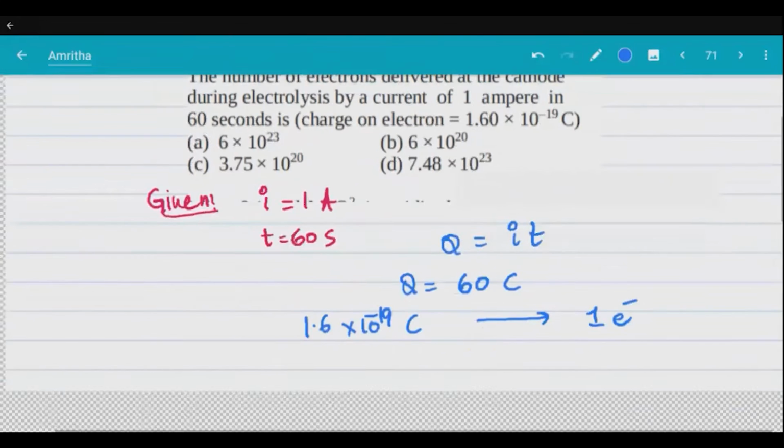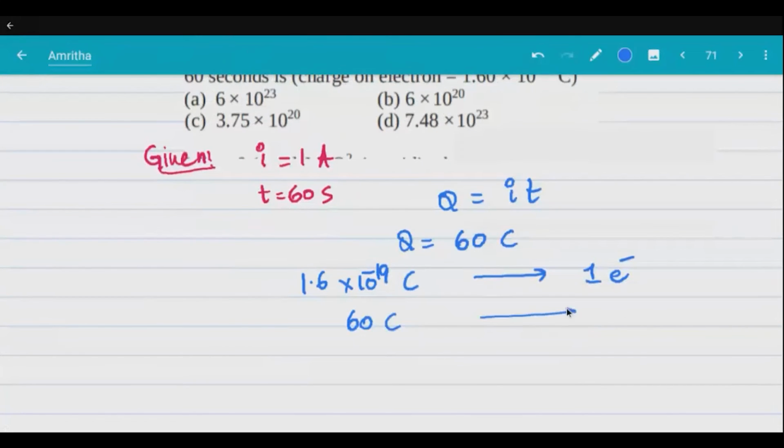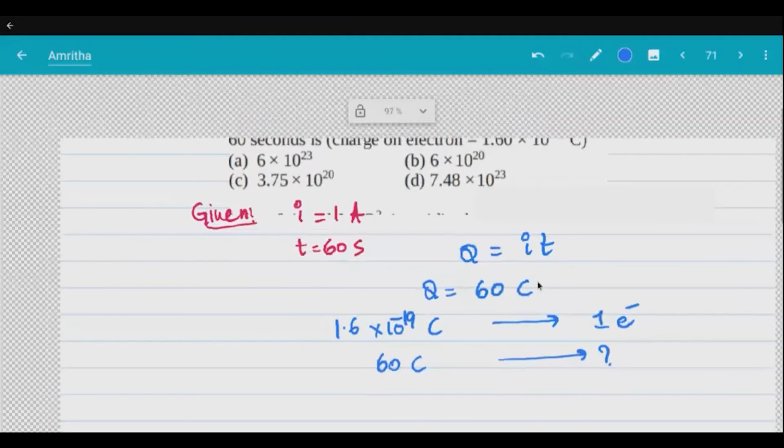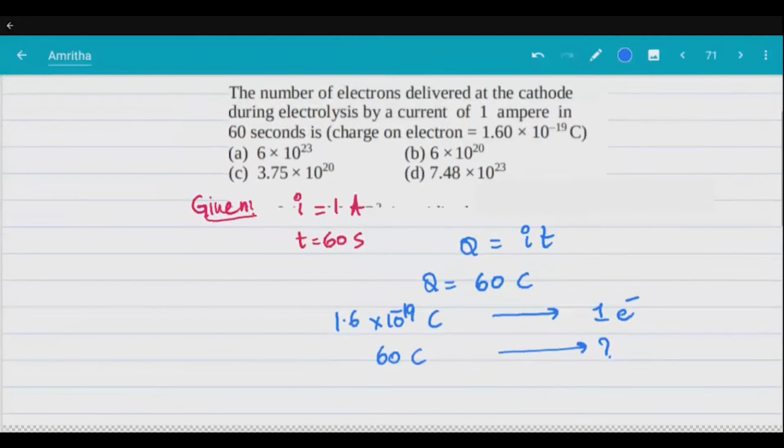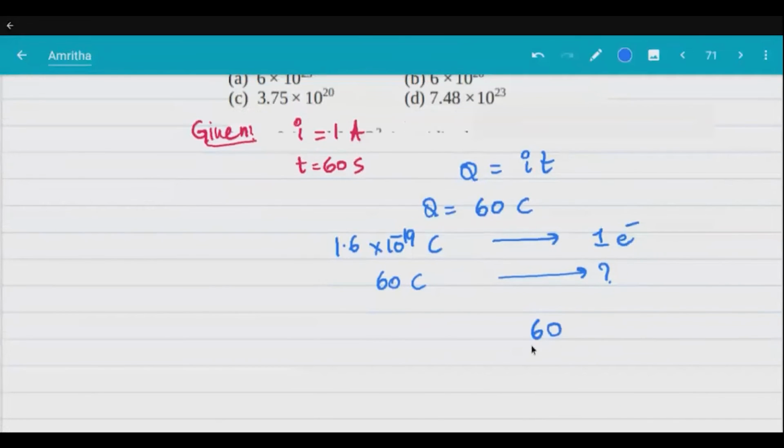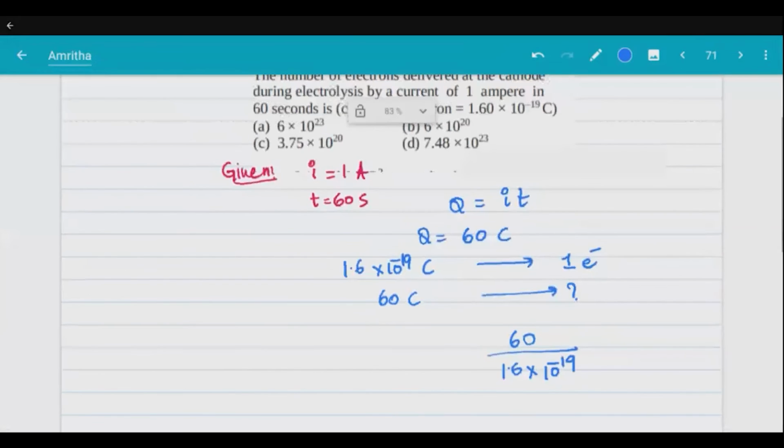But 60 coulomb is how many electrons? That is the question. So 60 by 1.6 into 10 power minus 19. So what is the answer for this?